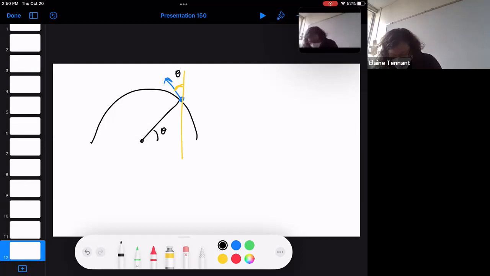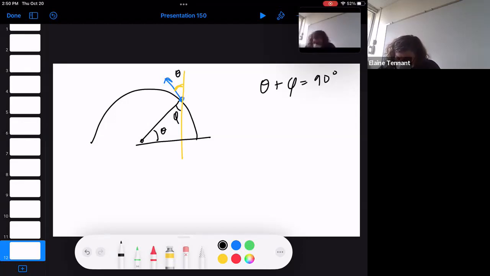Okay. Excellent. And can we say that? I did do this right? This plus this equals 90, theta plus phi equals 90. Excellent. This is 90 because I said one's radial and one's tangent.